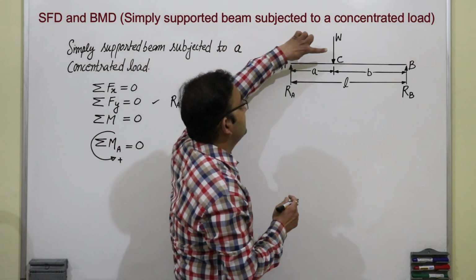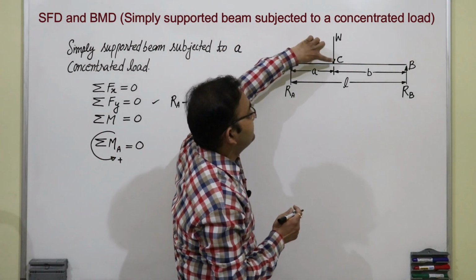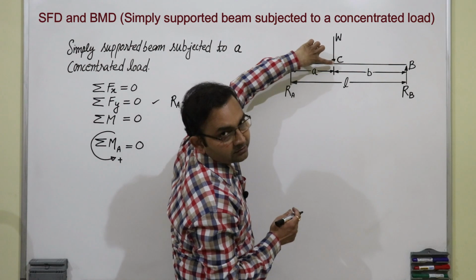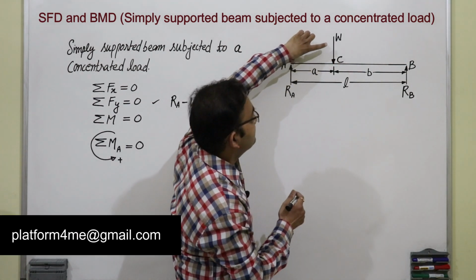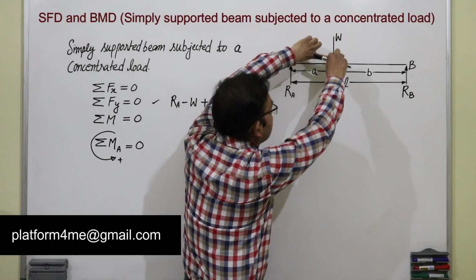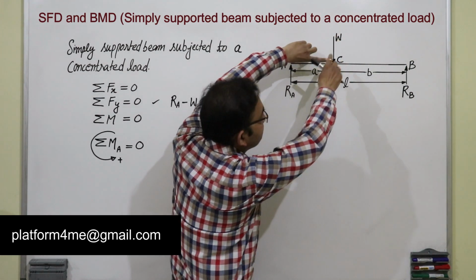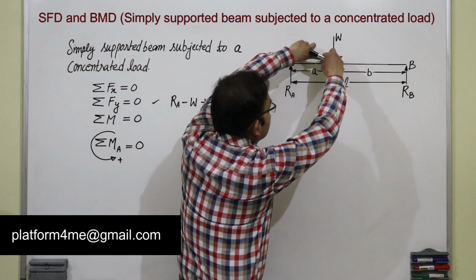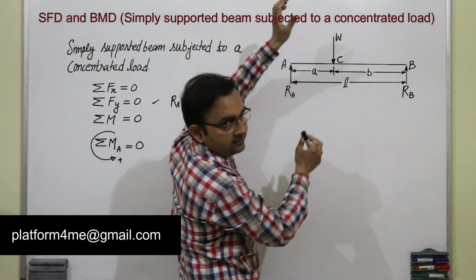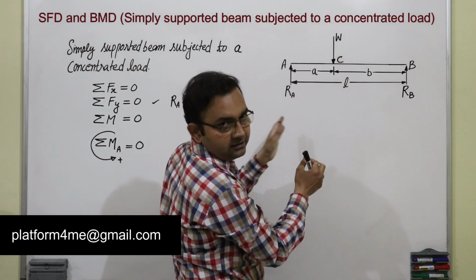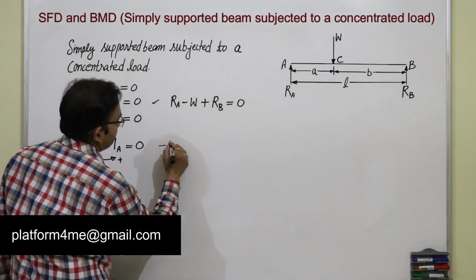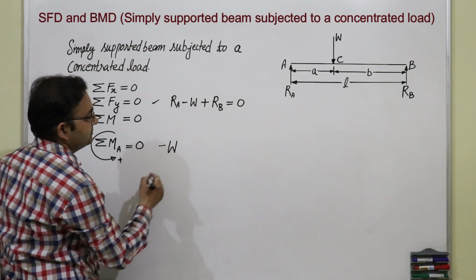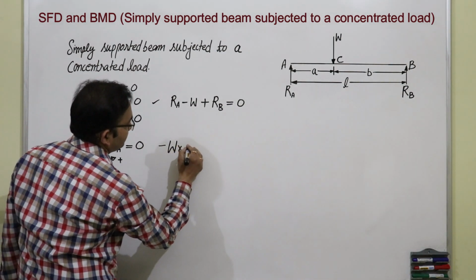So W is the force and a is the perpendicular distance, and we are taking moment about A. So this force will rotate it like this, and it is rotating in clockwise direction. So minus W into small a.